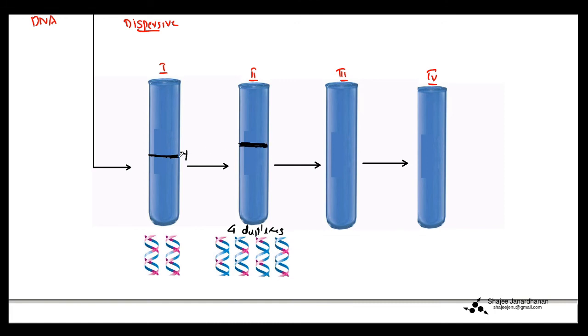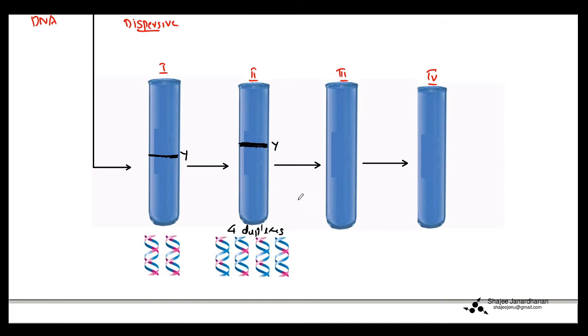So this should be the actual position of the hybrid band if the density was the same as the first, but you can see that now the hybrid band is shifted up, meaning it has become lighter. This is your observation for the second generation.